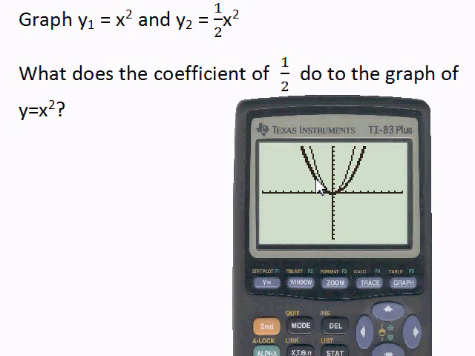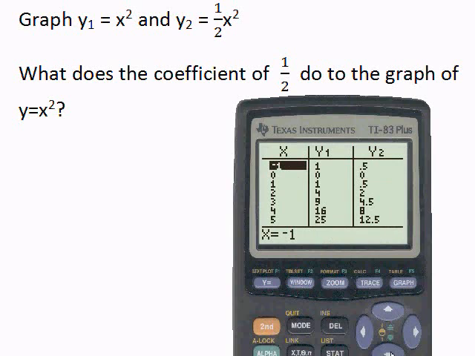Now, if multiplying by 5 causes us to stretch the graph, make it taller, then multiplying by 1/2 should make it 1/2 as tall. Problem is, on a graph, it really doesn't look like the values have been made 1/2 as tall. So, to further understand, we're going to go to our table, and looking at our y1 values, we notice if y1 is 0, y2 is 0. If y1 is 1, y2 is 0.5, half as much.